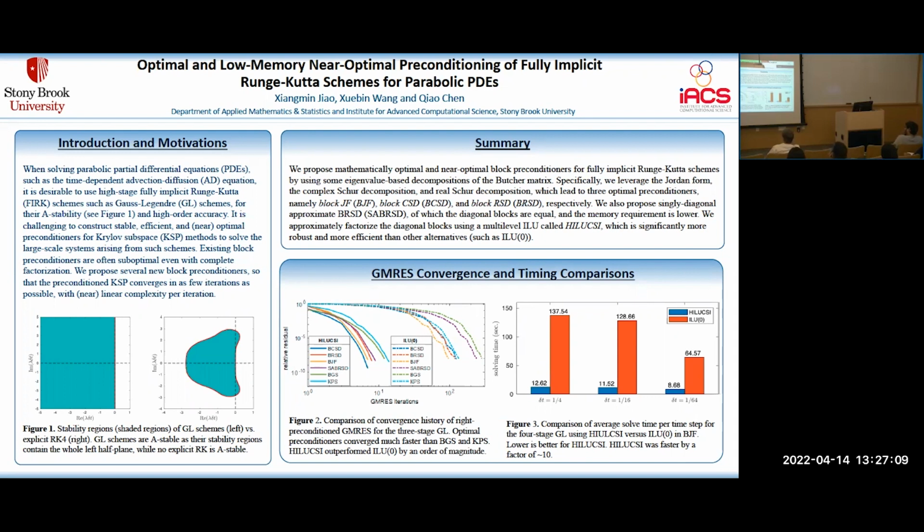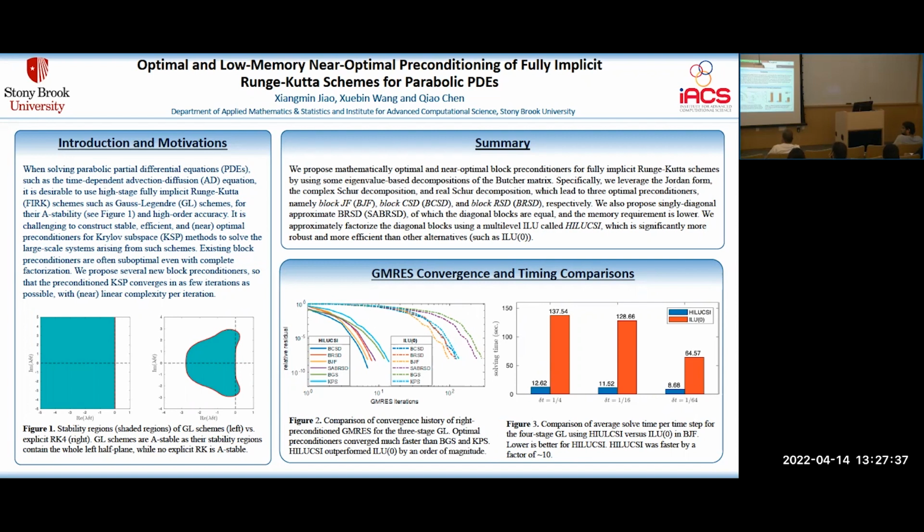Another advantage is that to achieve a high order of accuracy, like if we want fourth order accuracy, we need only two stages. We need to only solve two staging vectors with implicit Runge-Kutta schemes, but we need to solve four staging vectors with explicit Runge-Kutta schemes.